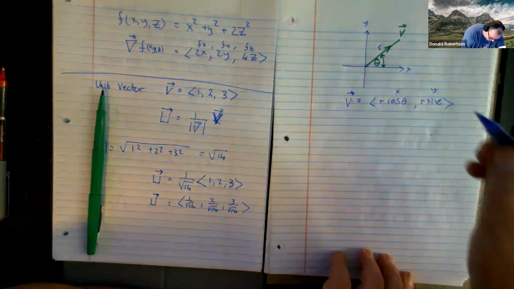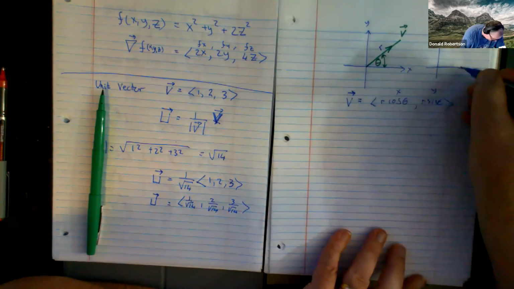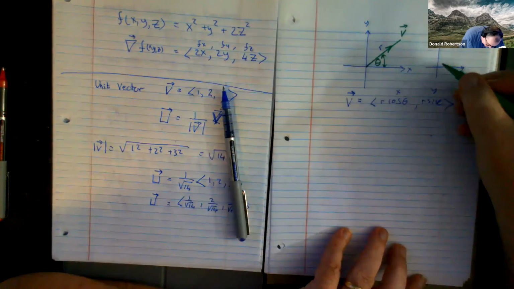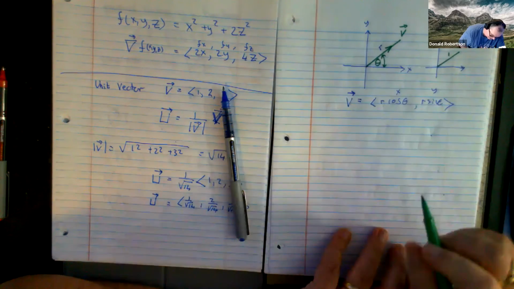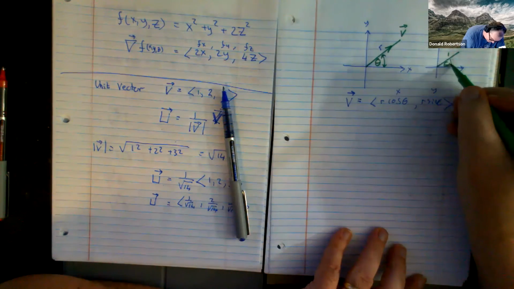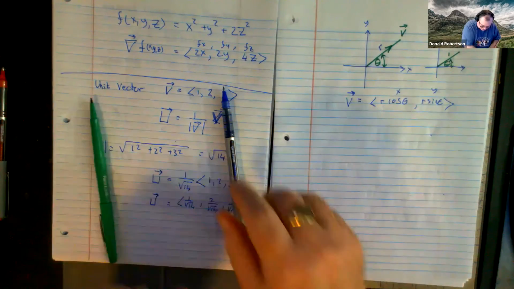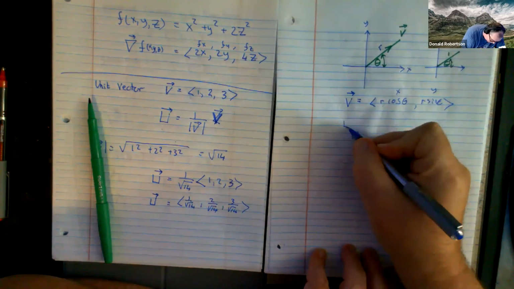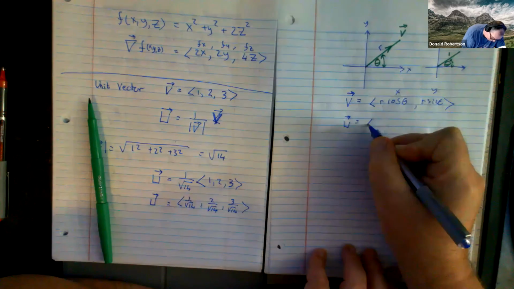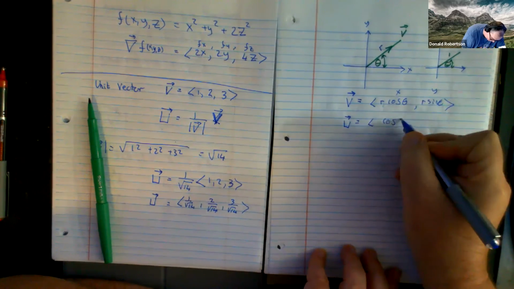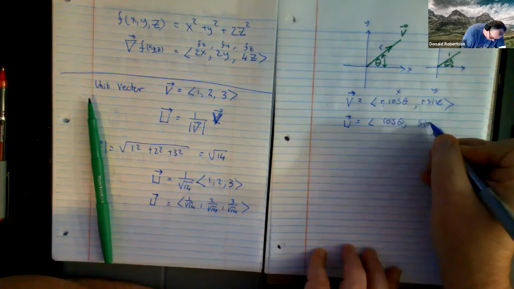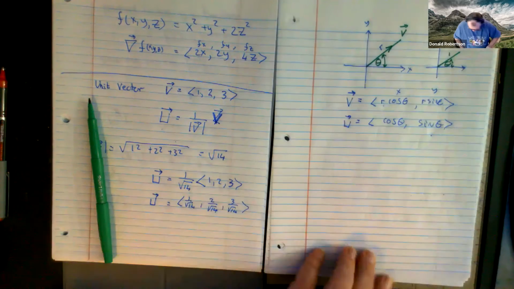Now, if I do the same thing with one little difference, I make sure that the distance of that vector is 1. Don't I now get a unit vector? Because 1 times cosine theta is cosine theta, and 1 times sine theta is sine theta.